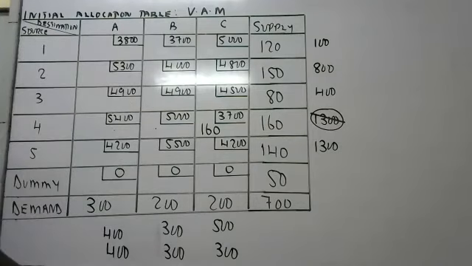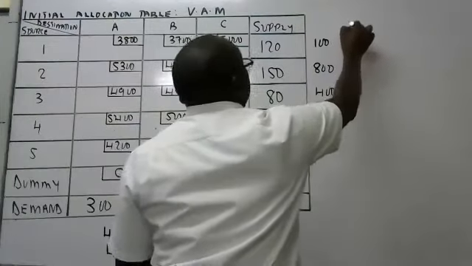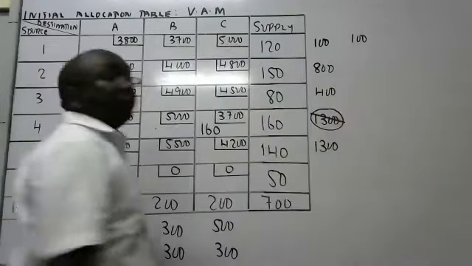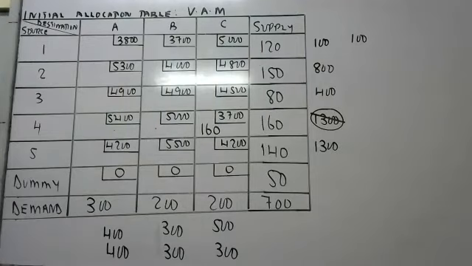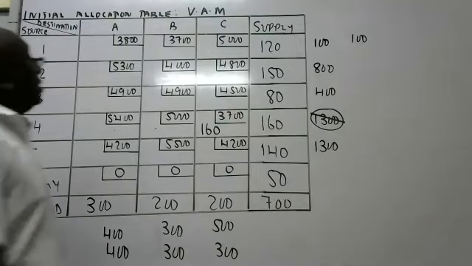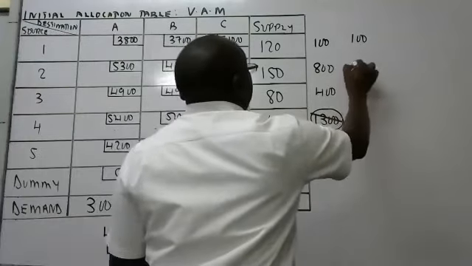When we go to 1, we have 37 and 38, so a difference of 100. When we go to 2, we have 40 and 48, that is 800.